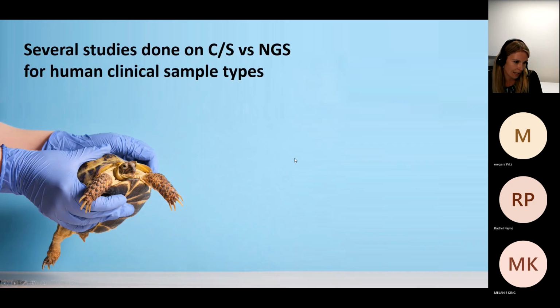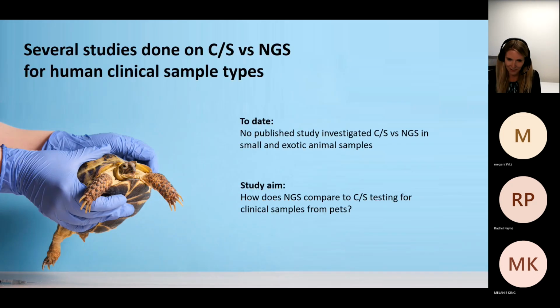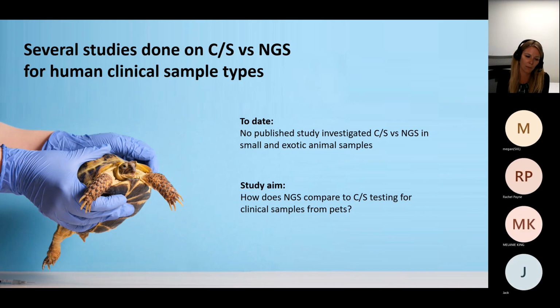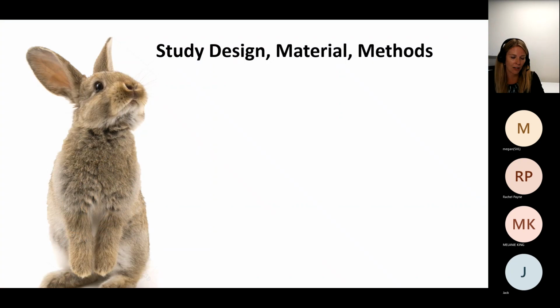One surprising fact that I couldn't quite understand why it hasn't been done yet was that there are so many studies looking specifically at sample types for culture testing and NGS, using the same sample and just splitting it in two and seeing what are the results, what are the benefits, what are the limitations of each technique. But no one has done that for small animals and exotic animals. So we set out to do our own study, and we did this right in front of the Exoticon.